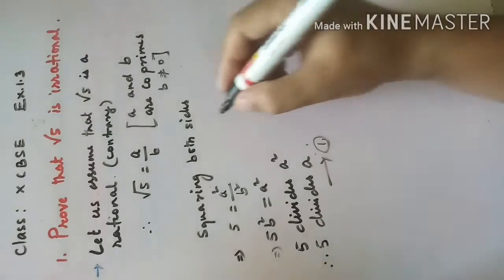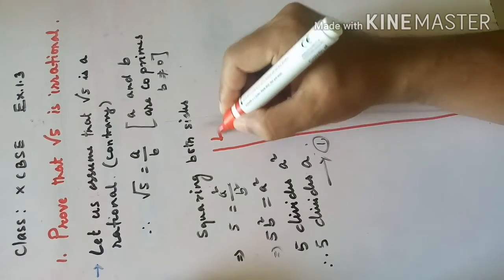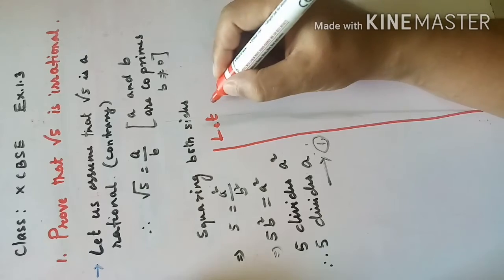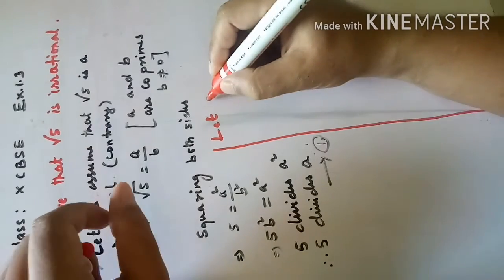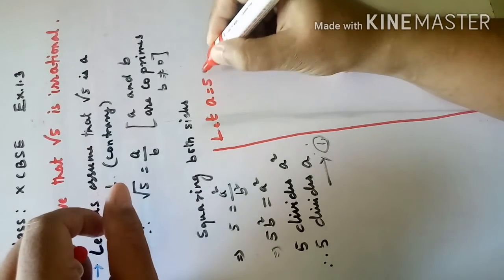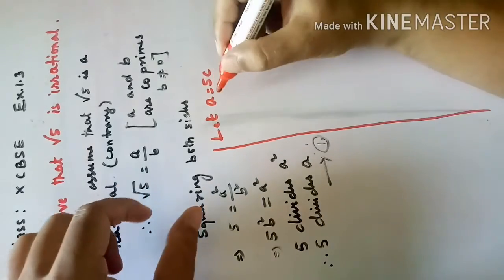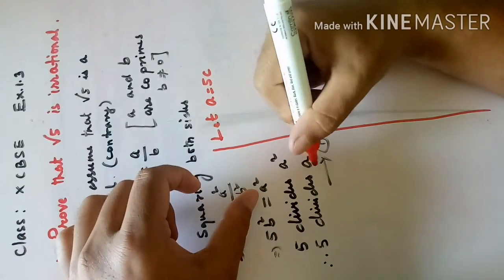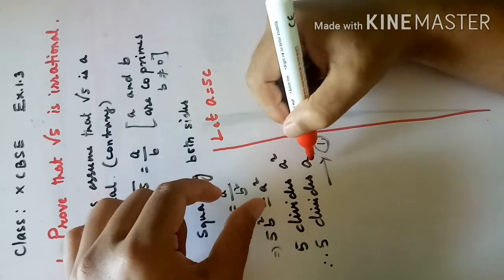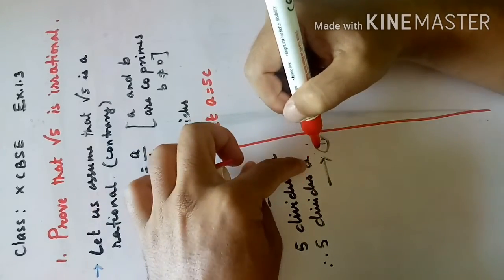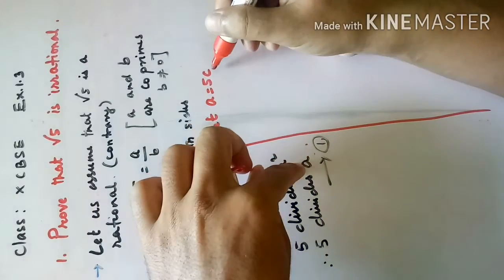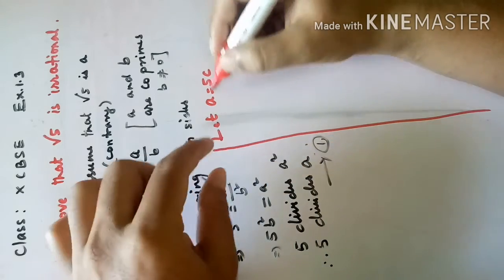Now let us see again. Let a is equal to 5c. Why am I taking this? Here we got that 5 is a factor of a, so you just take a is equal to 5c. Why am I taking 5 here?